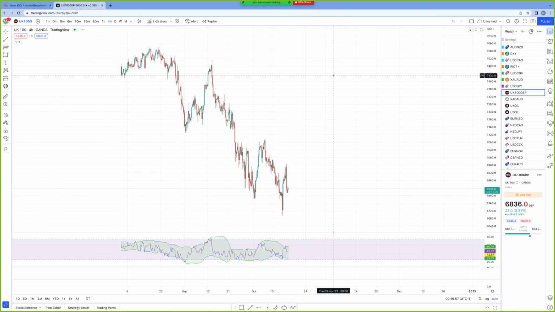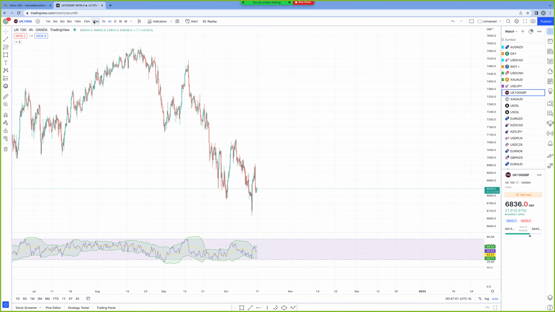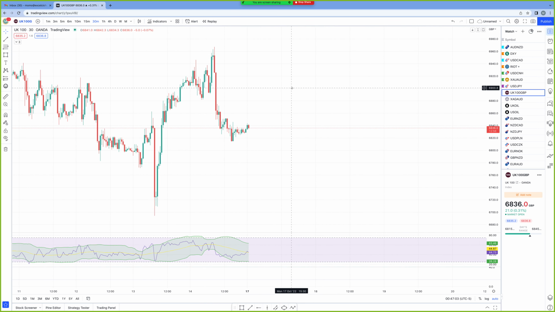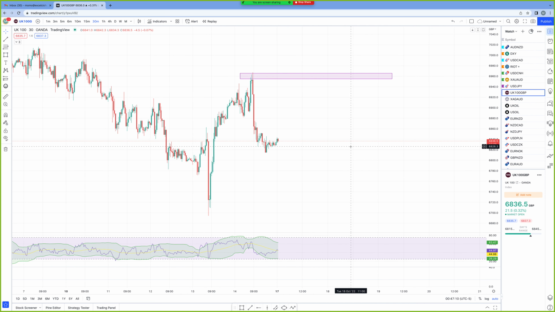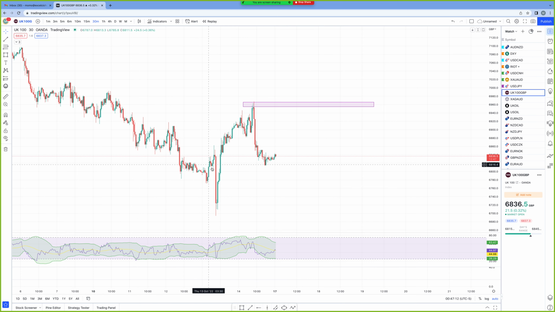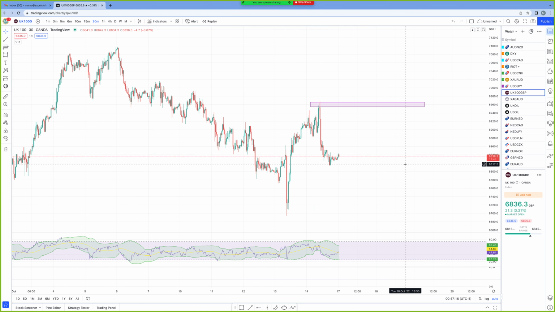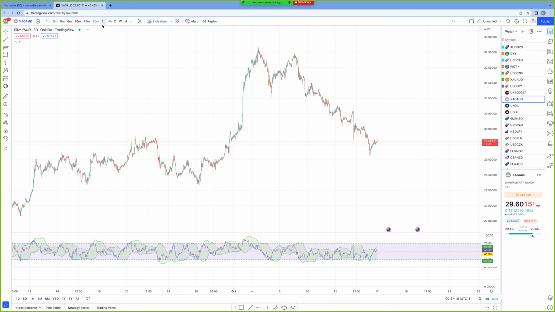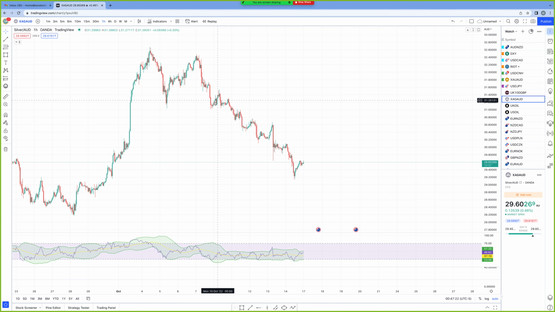Let's go to H4. Nothing too clear yet. Lower time frames, nothing too clear yet as well. We can mark up a zone up here. Right, we had a divergence here, but not too clear based on all my rules, but it still worked out perfectly. Structural divergence. So silver AUD, we had a setup somewhere here.